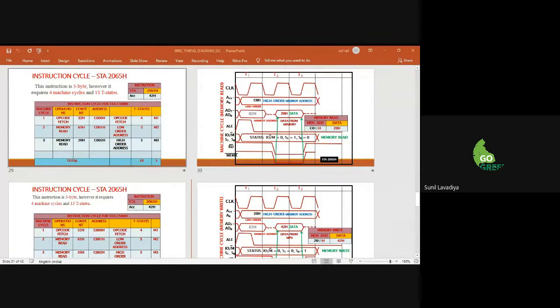So I have created one task in the canvas also. You have to upload it over there. Homework 6 I have created and you have to do it right now.